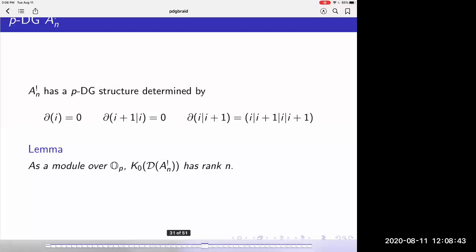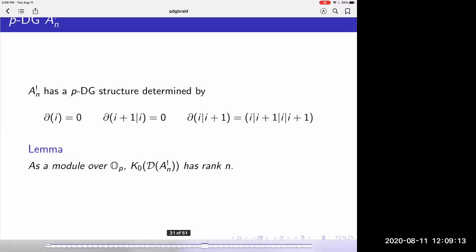So D on an idempotent is equal to 0. D on this path from i plus 1 to i is 0. But D on this other length 1 path, from i to i plus 1, could be realized in a couple of equivalent ways. Basically, you append a loop either at the beginning or the end of the path. Using relations in the algebra, it doesn't matter if you append a loop in the beginning or the end. And remember, a loop just has degree 2. So this is a naturally occurring example where we have a derivation of degree 2.